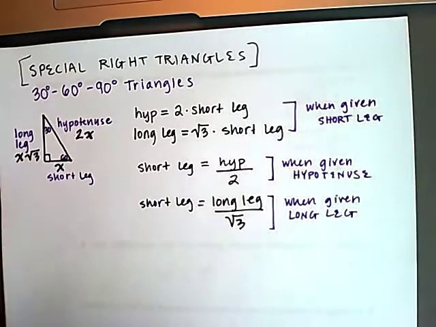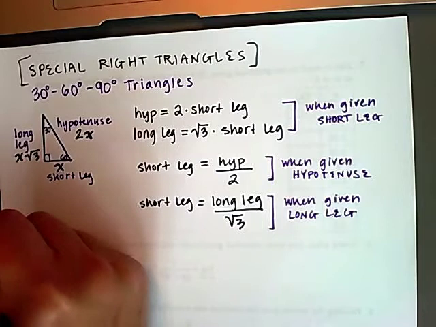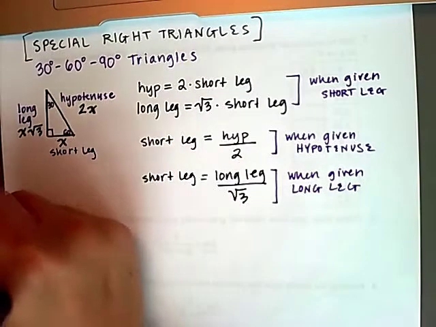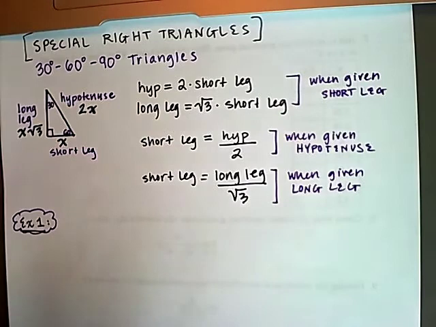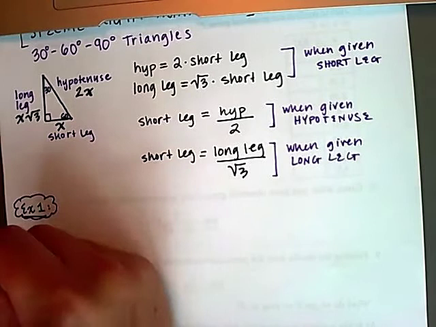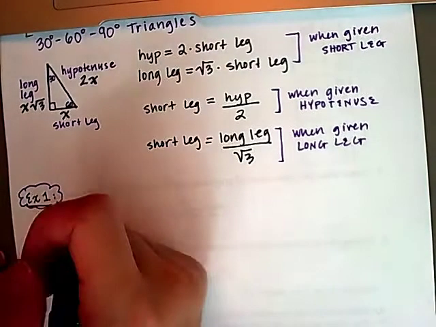Now let's look at some examples. I wanted to color code this, so I'll go back. All right, my first example. I'm going to orient it a little bit differently, but it's still a 30, 60, 90 right triangle.